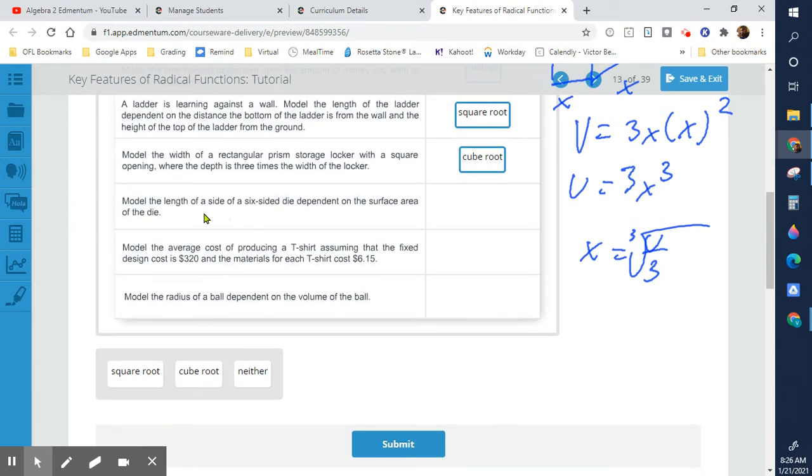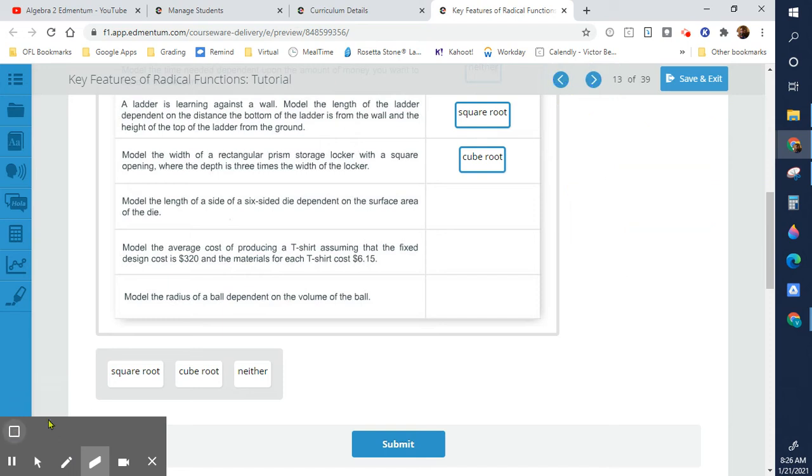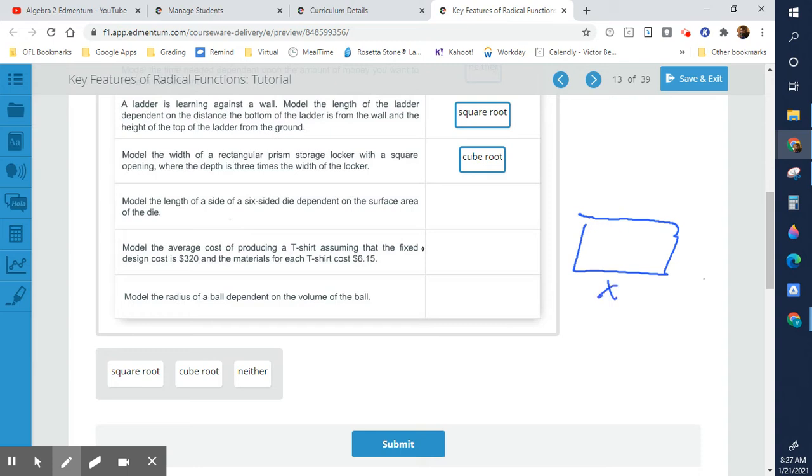Model the length of the side of a 6-sided die when we know the surface area. Okay, so surface area is a little more complicated than volume. The area of one face is x times x.